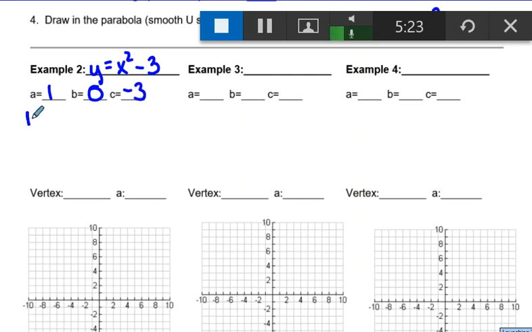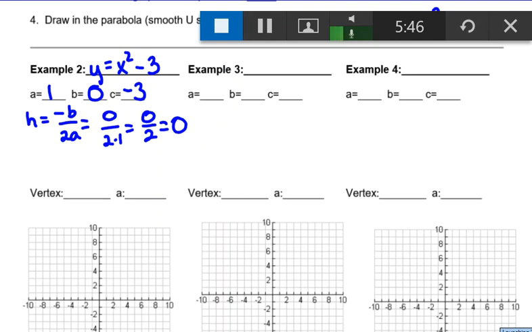So then the x of your vertex is going to be -b over 2a. What's -0? 0 over 2 times 1. So 0 over 2 is 0, good.